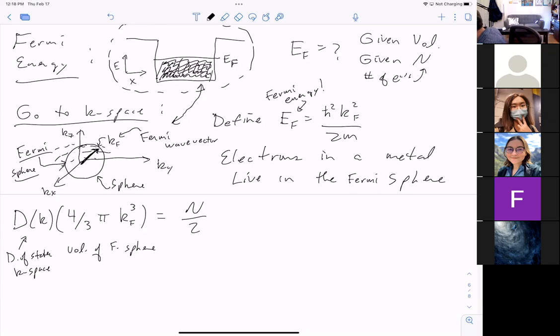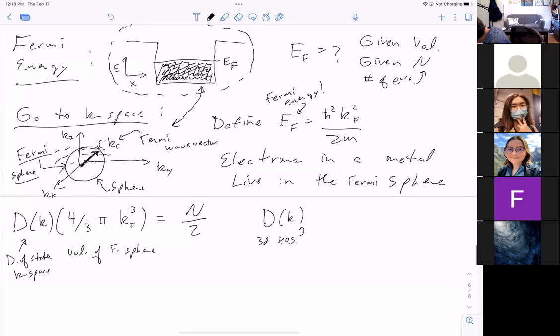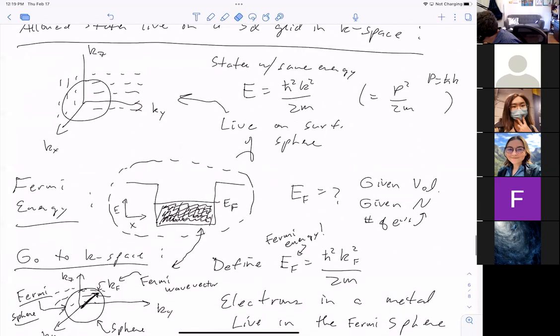And so now we ask ourselves, what is the density of states in K space? So this is the 3-dimensional density of states, DOS. I'll give you a hint.